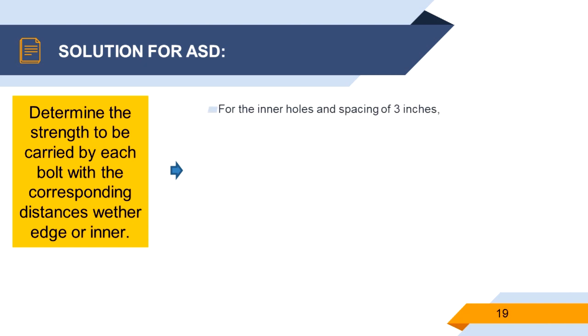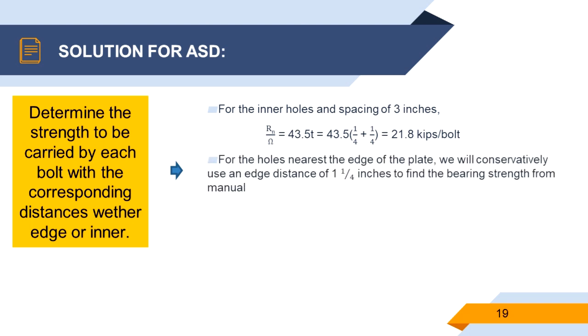For the inner holes in spacing of 3 inches, Rn divided by the safety factor is equal to 43.5 T, which is equal to 43.5 times (1/4 plus 1/4), which is equal to 21.8 kips per bolt. For the holes nearest the edge of the plate, we will conservatively use an edge distance of 1 and 1/4 inches to find the bearing strength from the manual.